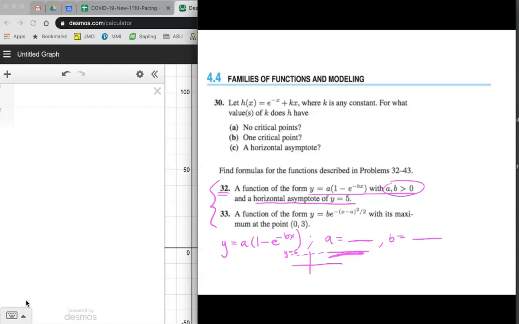Take a moment to see if you can figure out an example of a and b, and then we'll come back.